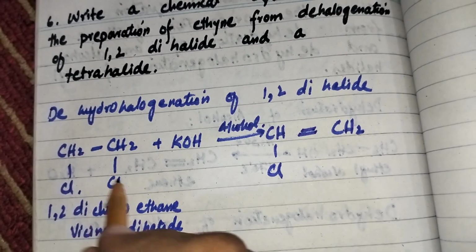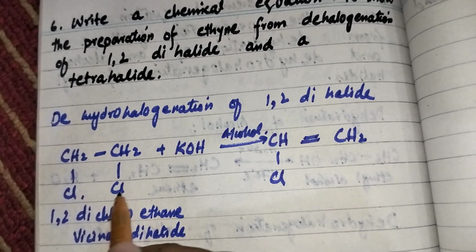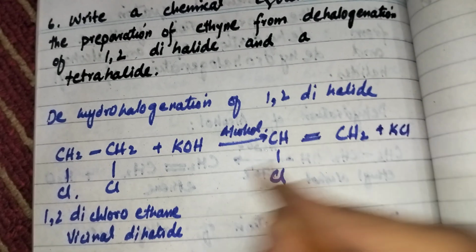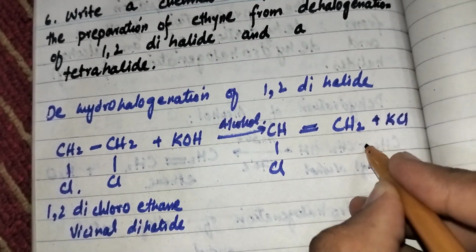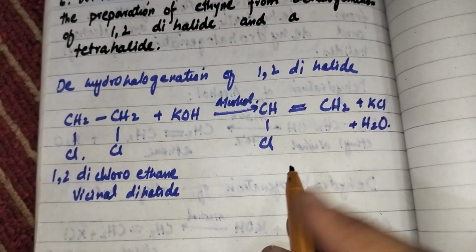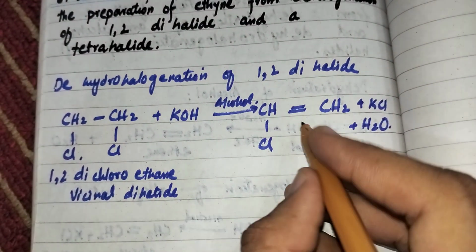The removed Cl links to K to form KCl, and the removed hydrogen links to OH to form H2O. Again, this is vinyl chloride.